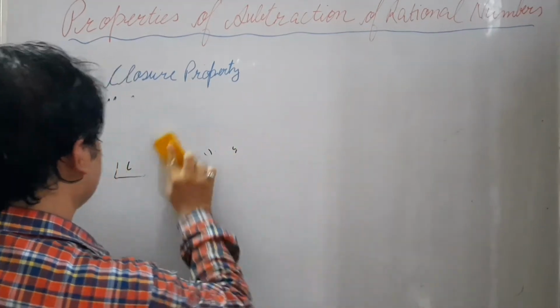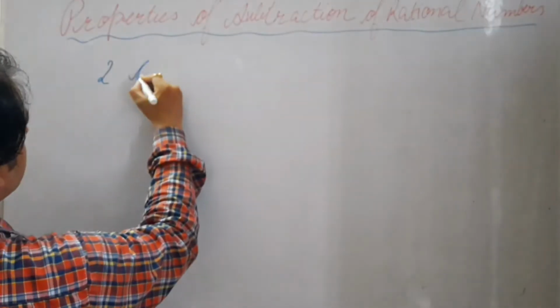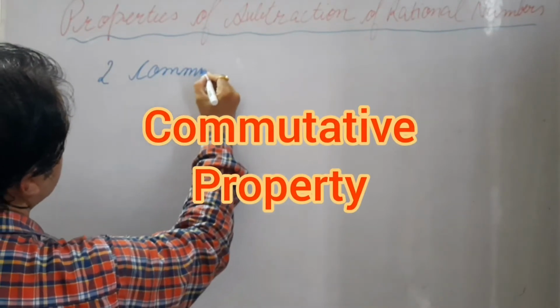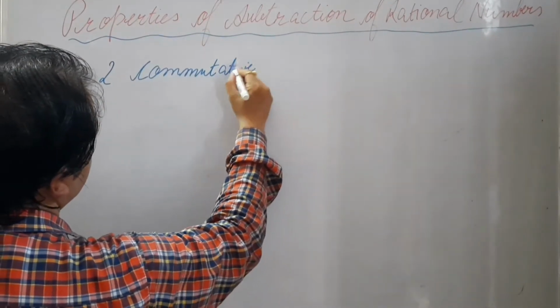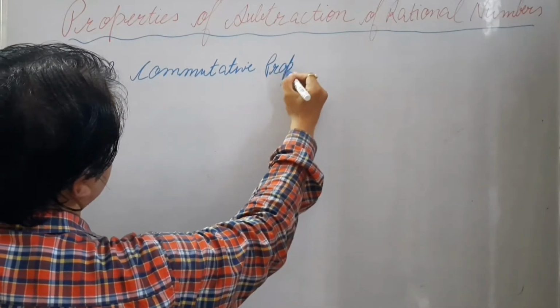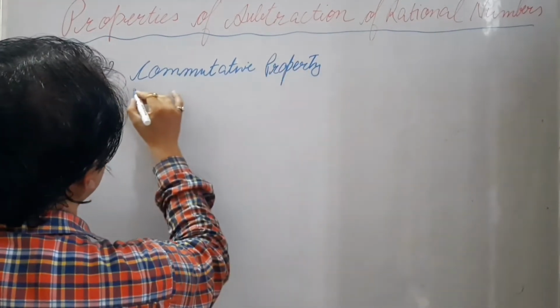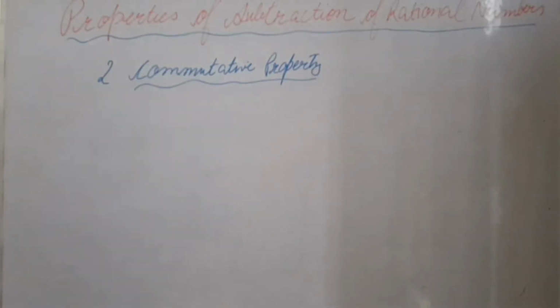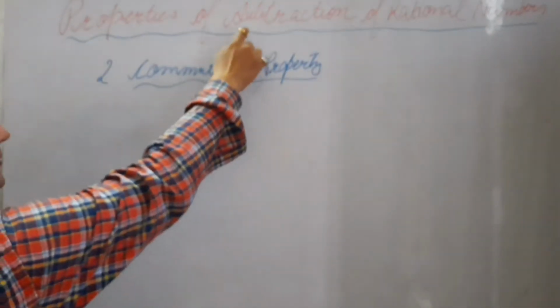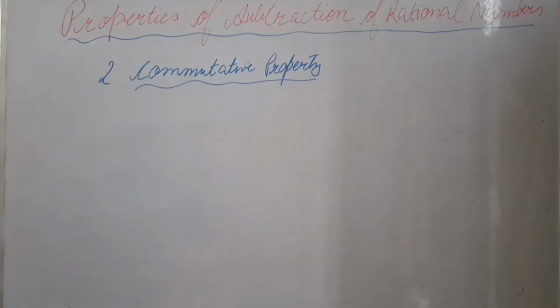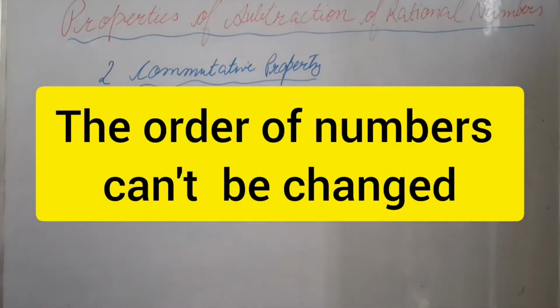Now the second property is the commutative property. Like in case of addition, we can add two rational numbers in any order, but in the case of subtraction, the order of numbers cannot be changed.